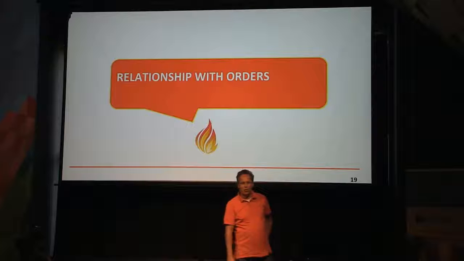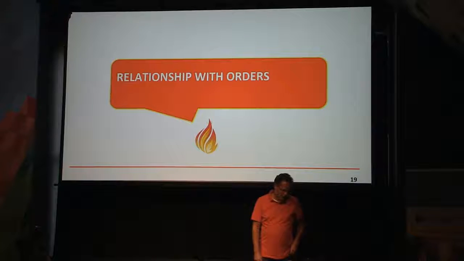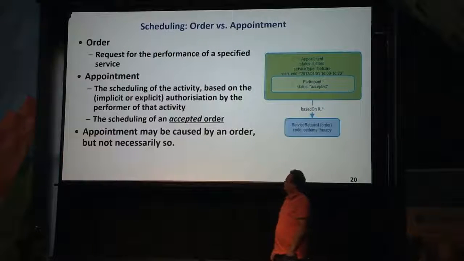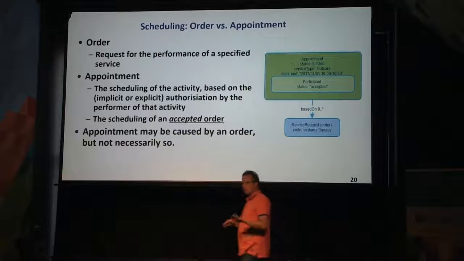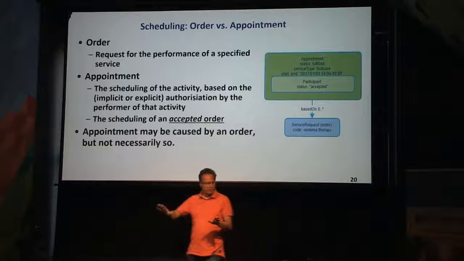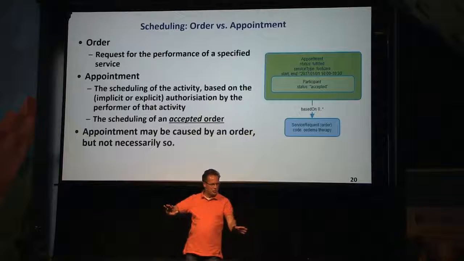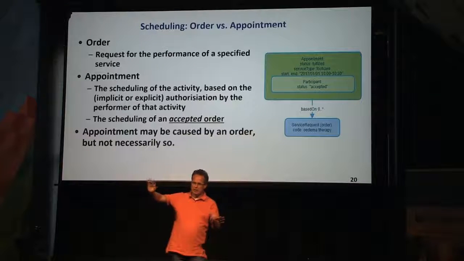Now, how does all of this relate to orders? Because it's sort of implied that if you schedule something, there is a prior agreement to do something. If I schedule a surgery or schedule an image to be taken, you're kind of assuming that the party already agrees to do that.